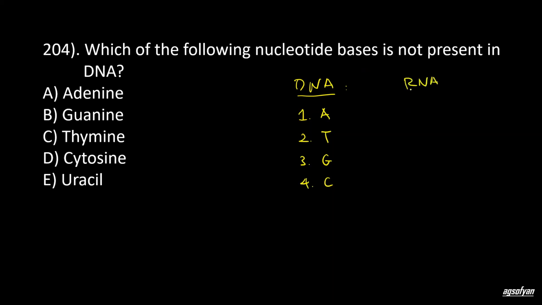The RNA bases will be adenine. Thymine is not present, so it's going to be uracil, guanine, and cytosine. Okay, look at the question. Which of the following nucleotide bases is not present in DNA? The one that is not present in DNA is uracil.